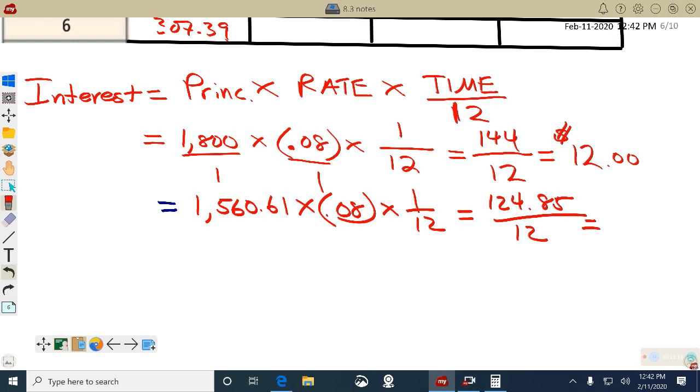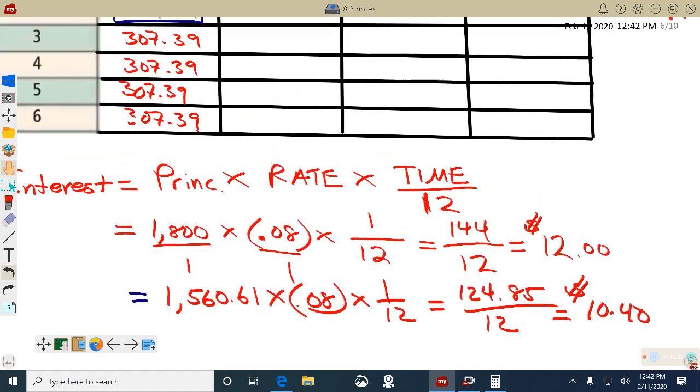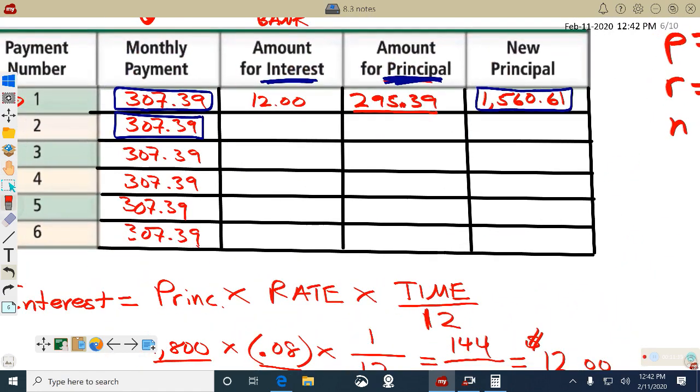Hit it. $10.40. Look at this. So on the second month, the bank kept $10.40. So how much of that second payment goes to the principal that he borrowed?